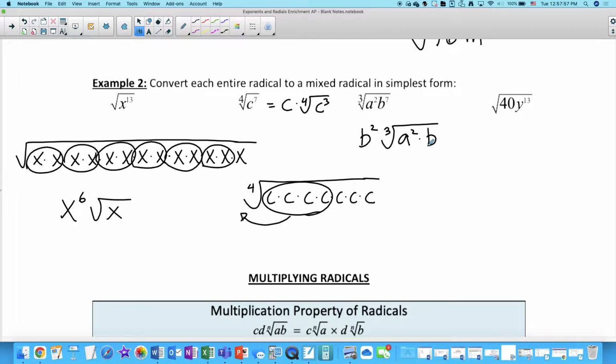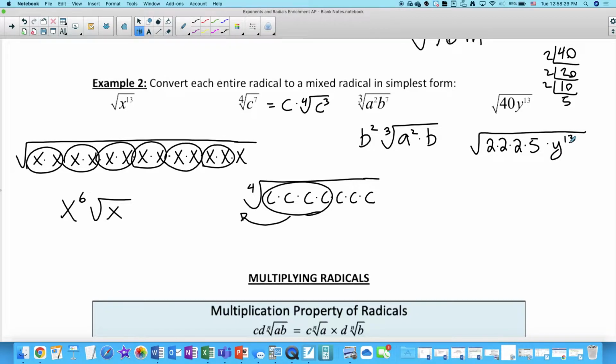So if you could do that in your head, great, right? If not, some people especially need to think about the prime factorization of 40. So 40 is like 2 times 20, 2 times 10, 2 times 5, right? So at the very least, you may need to expand this part and do the other part in your head. That's fine too. 2 times 2 times 2 times 5 times y to the 13. So you can do a combo too.